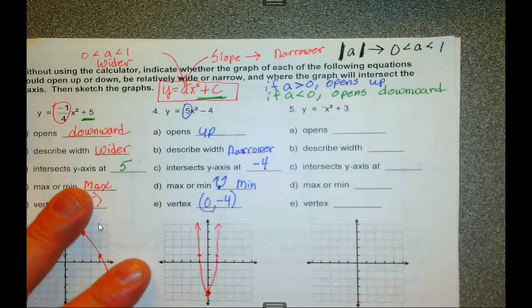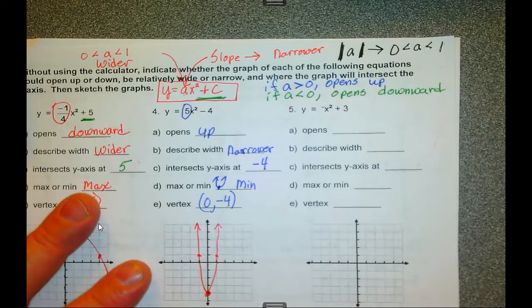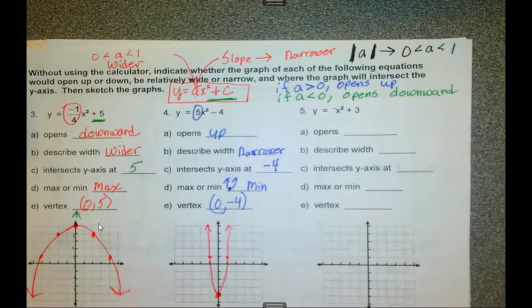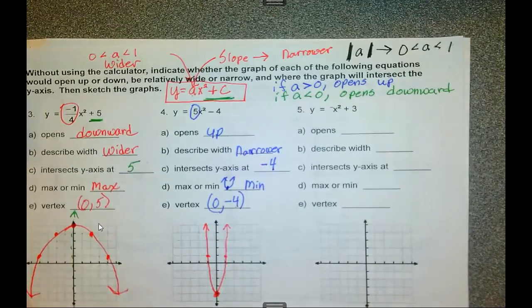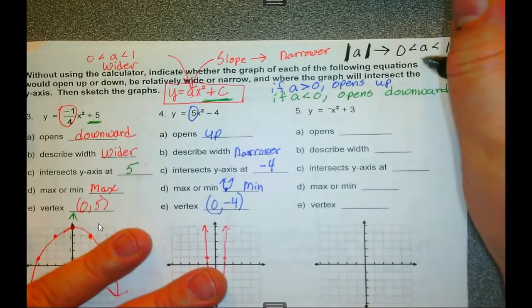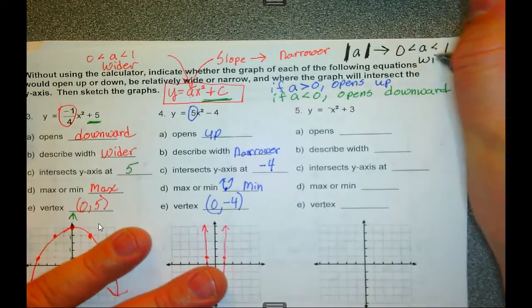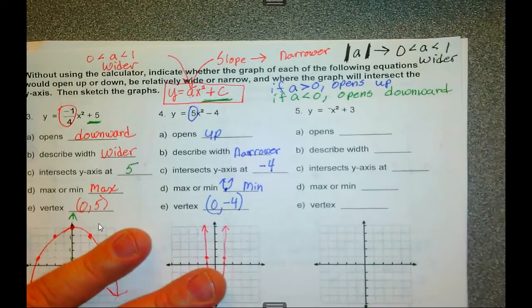What happens to my parabola? I'll give you a hint. Gets wider. Fantastic. It's a fraction between 0 and 1, it gets wider.